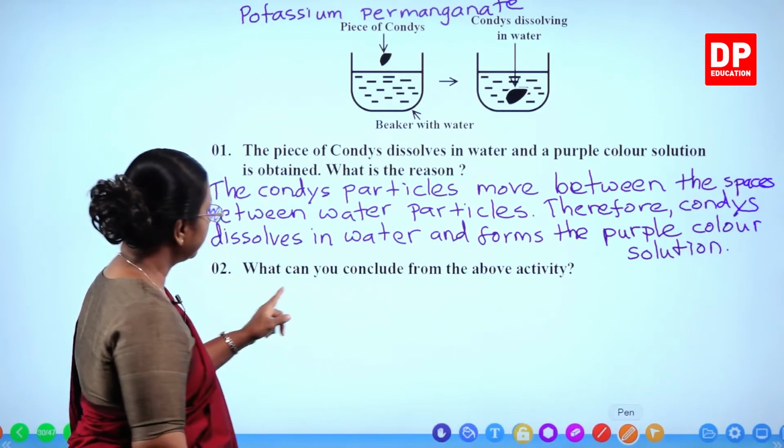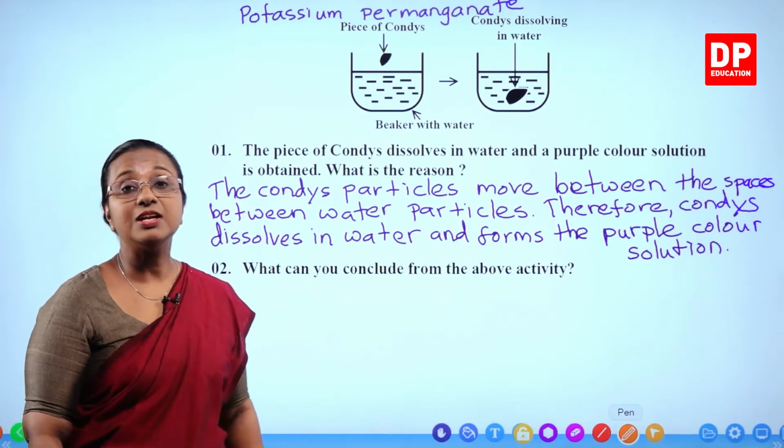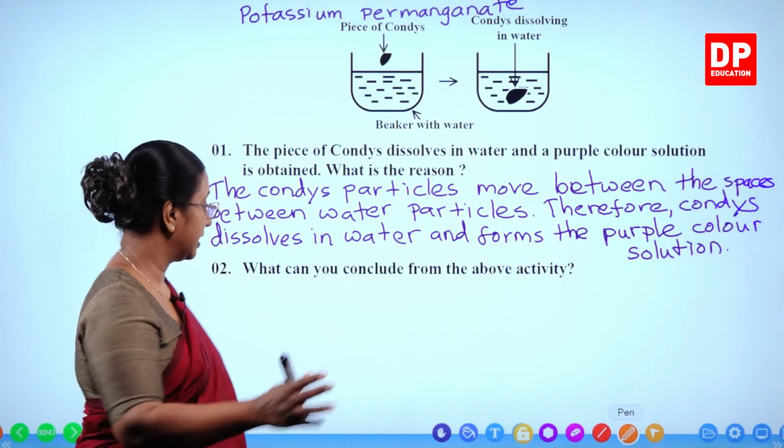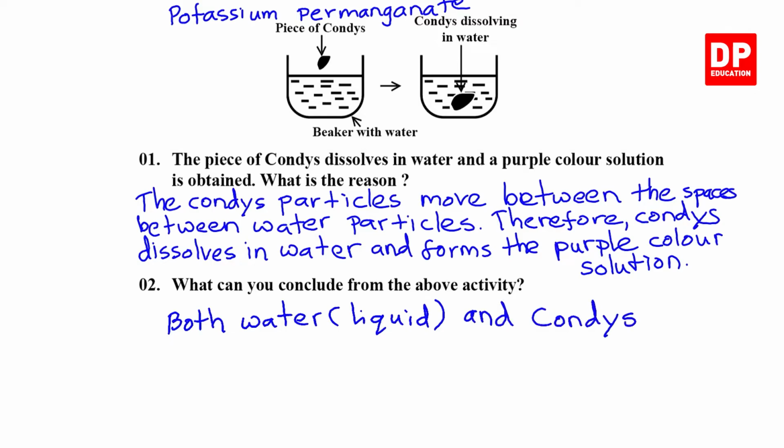Then the next one: what can you conclude from the above activity? Both water and condis are particulate in nature. That is what you can conclude. So both water, again a liquid, and condis, a solid, are particulate in nature.